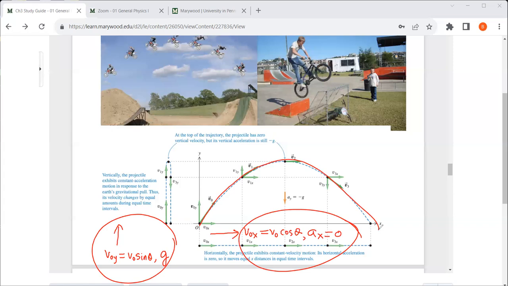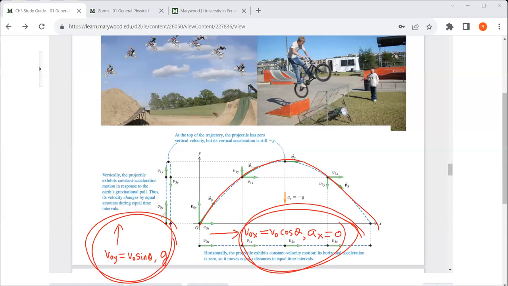All right, so we'll now use the kinematic equations to understand the mathematics. The first thing we have to understand is that projectile motion is a combination of two motions. There is no acceleration along the x-axis.